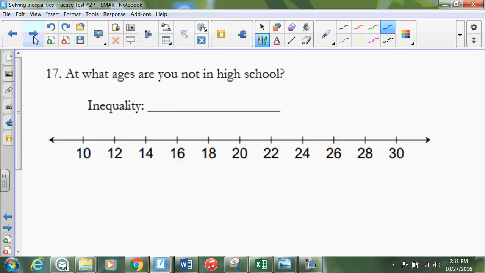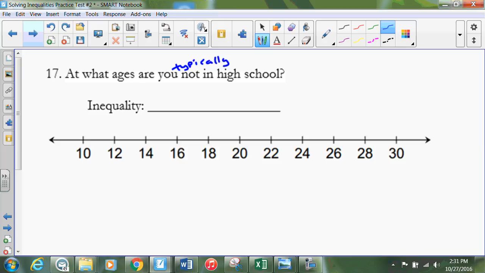At what ages are you not in high school? This one's a little tricky. Let's just say, what ages are you typically not in high school? So let's see, when you start as a freshman, are you 15 yet? No, some people are 15, but there are a lot of people who are 14.